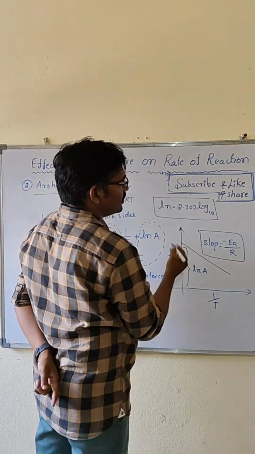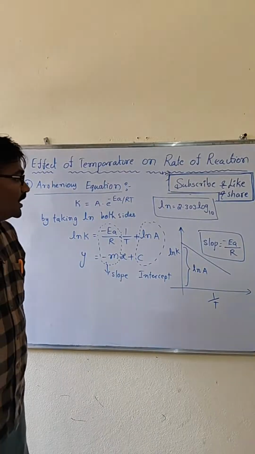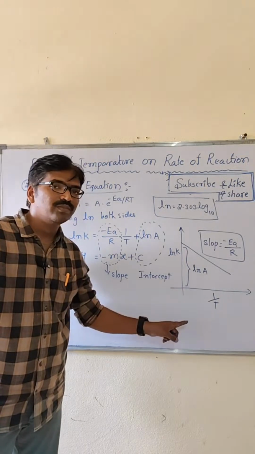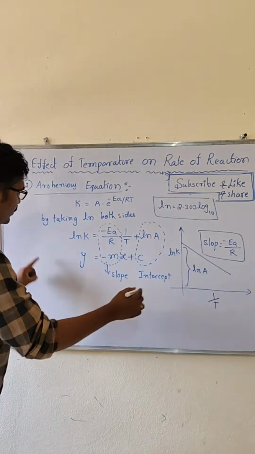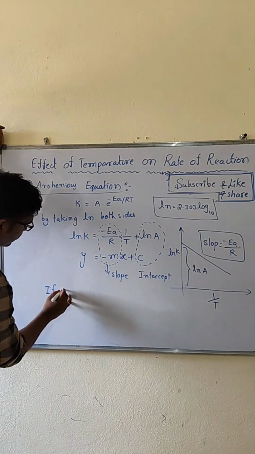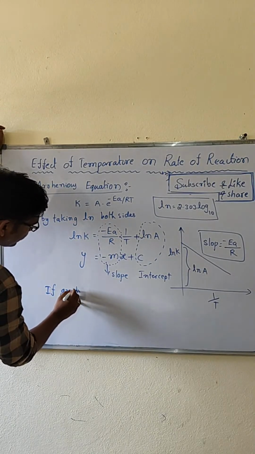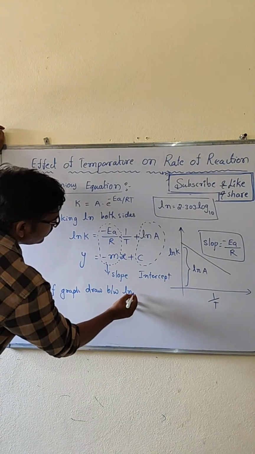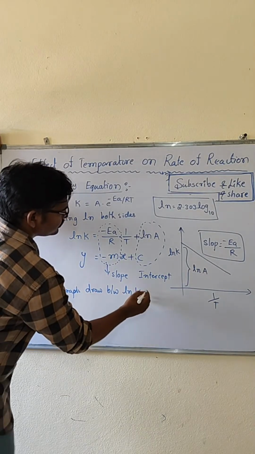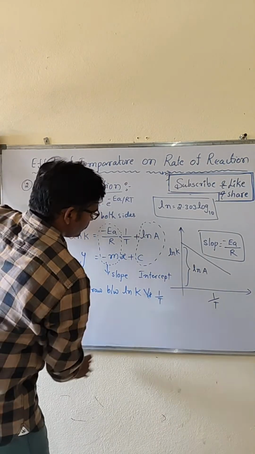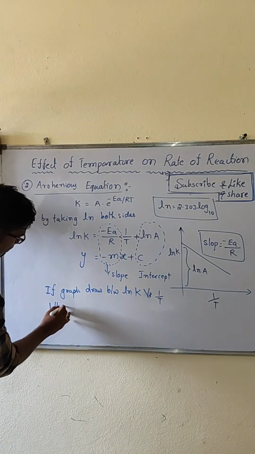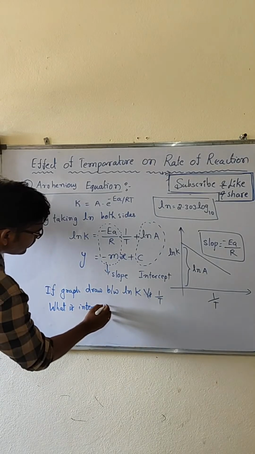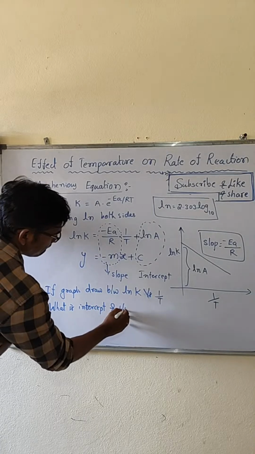They will ask a question based on it: which is the slope and which is the intercept in a graph drawn between ln k versus 1 by T. They will ask like this: if a graph is drawn between ln k versus 1 by T, what is the intercept and slope?